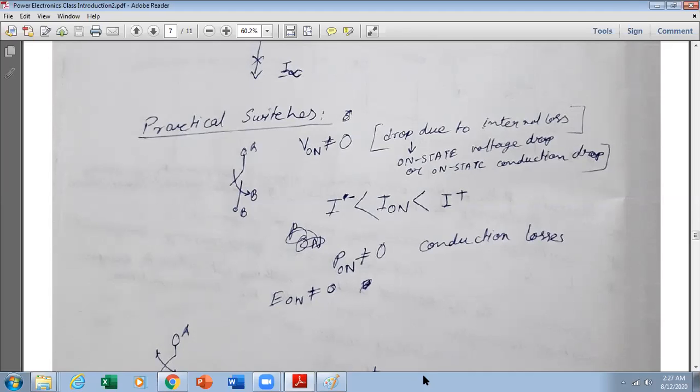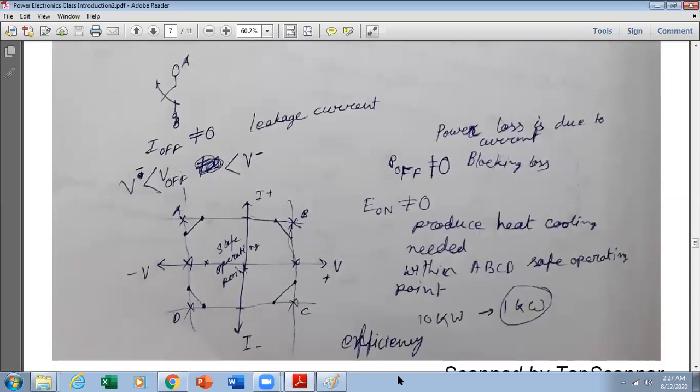Some conduction loss is there, that is not zero. For the blocking case also, when the switch is open, there also the blocking current is not exactly equal to zero, it has some leakage current, and the blocking voltage is also not equal to zero, so there will be definitely blocking loss.